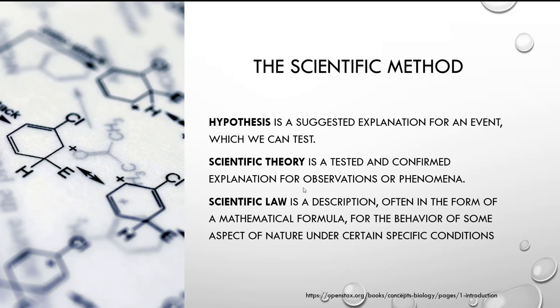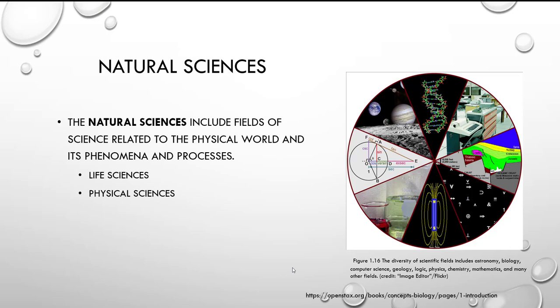So these are just parts of the scientific method. They're just some words and definitions we have to learn when we're talking about science. All right, so let's get into our area of science, the natural sciences. Natural sciences, of course, are the fun sciences. Well, that's just my opinion.